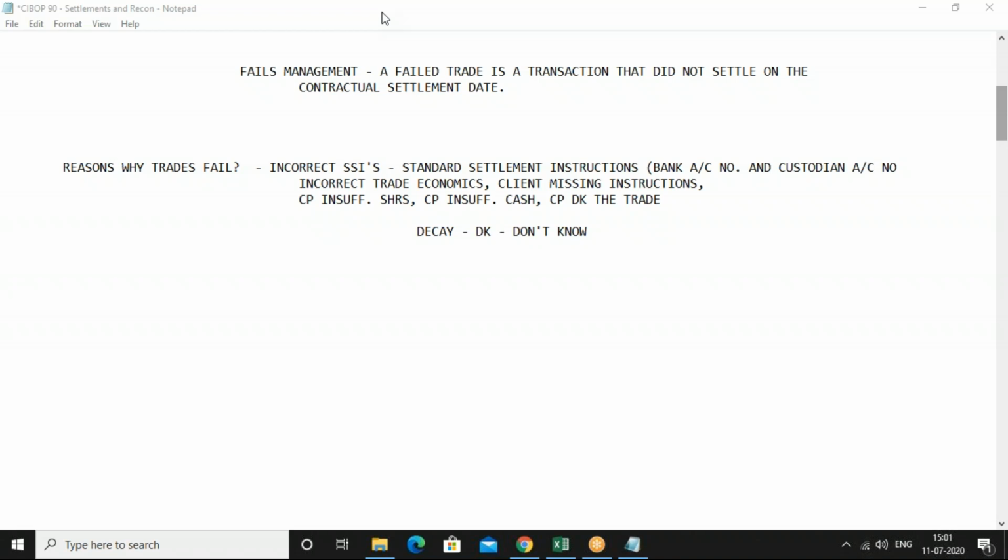So when we talk about DVP, what is it essentially? It is delivery versus payment. Can you tell me what direction of the trade I'm going to be in if it is delivery versus payment?